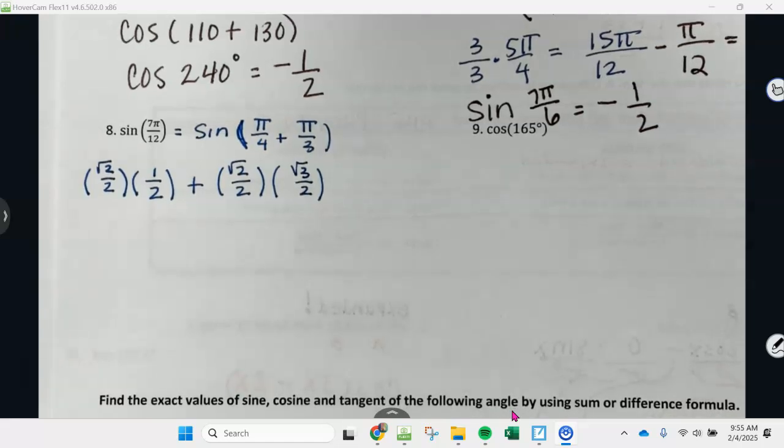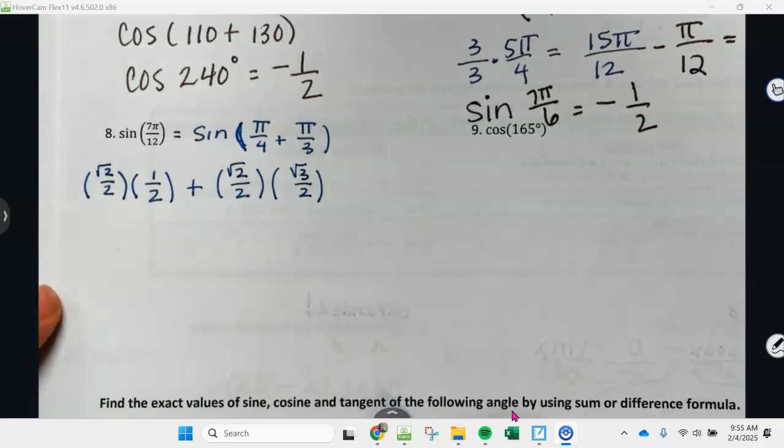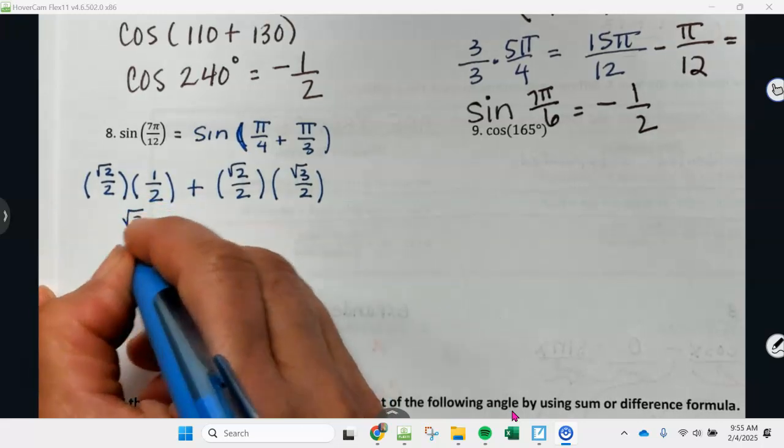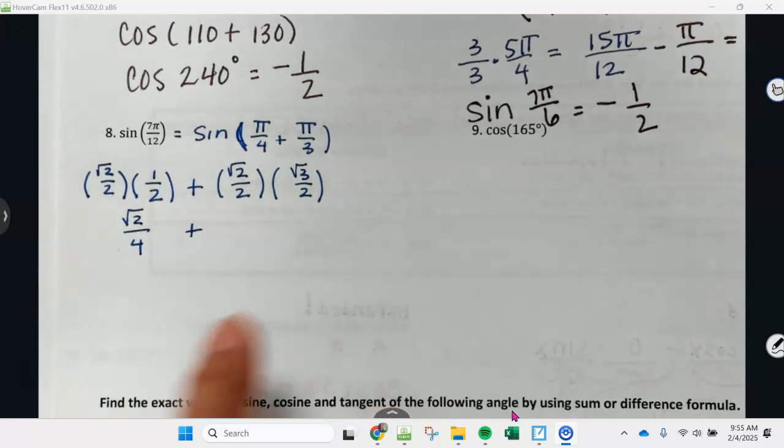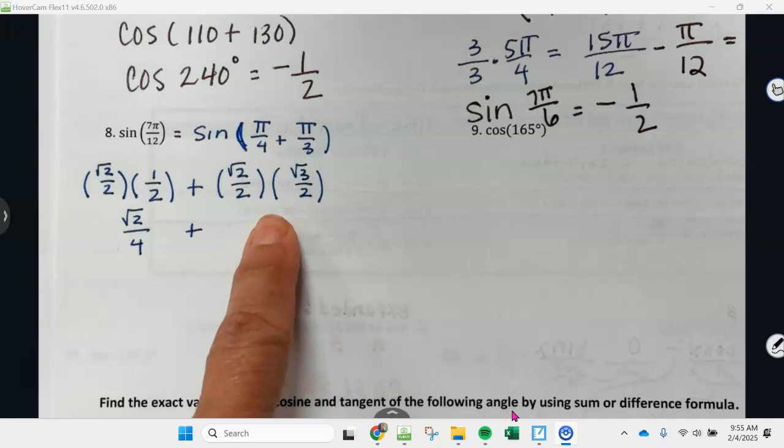And remember, you guys can multiply roots together. They don't have to be alike. And remember, when we multiply fractions, you're going to multiply the top together and multiply the bottom together. So the product of this is going to be root 2 over 4. The product of this is root 6 over 4.